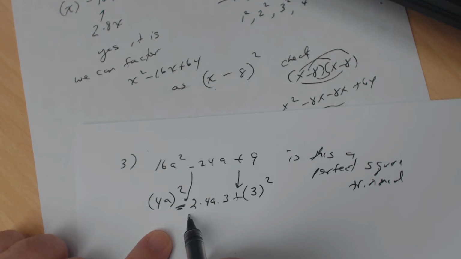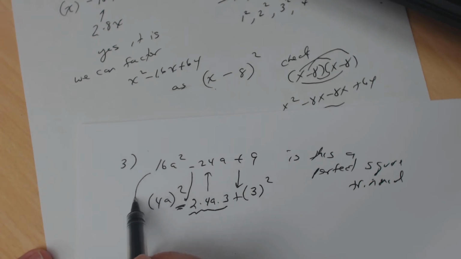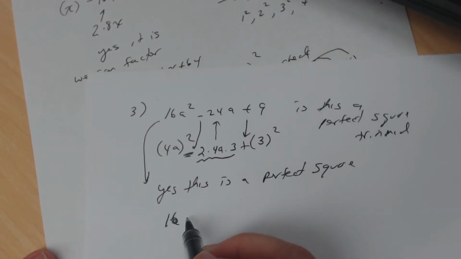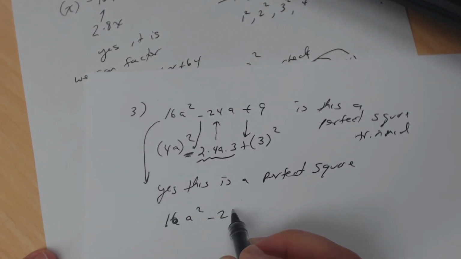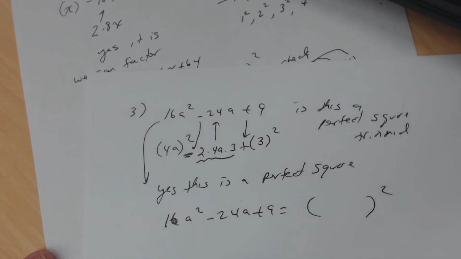So what you've got to check now is, is this the same thing as this? 2 times 3 is 6. 6 times 4 is 24, so I do get 24a. So the answer is yes, this is a perfect square. And so 16a squared minus 24a plus 9 is going to equal a binomial squared.